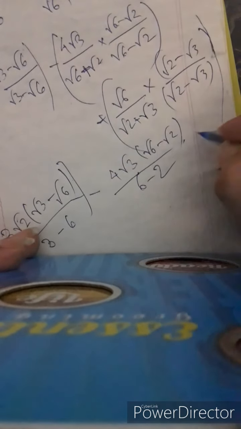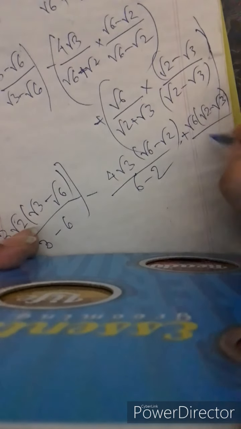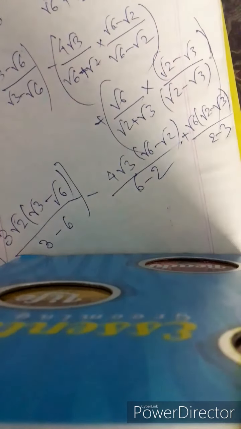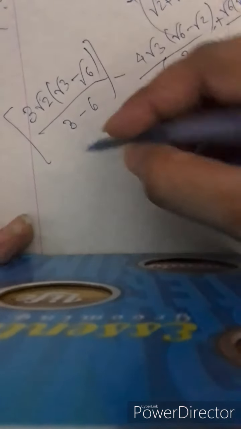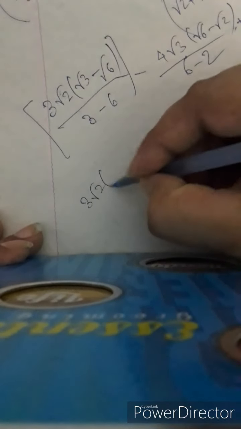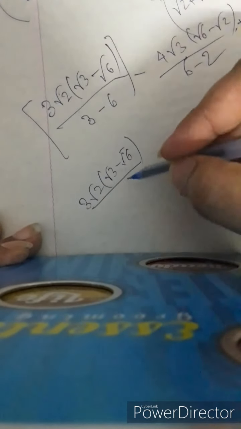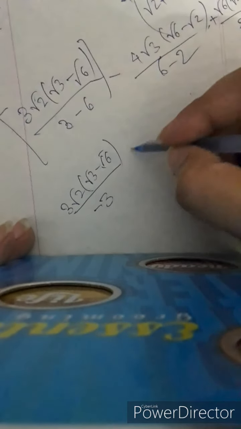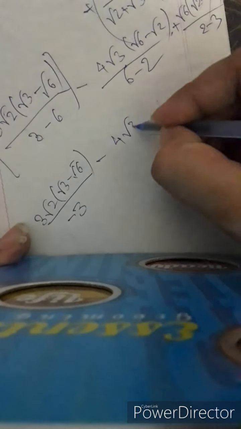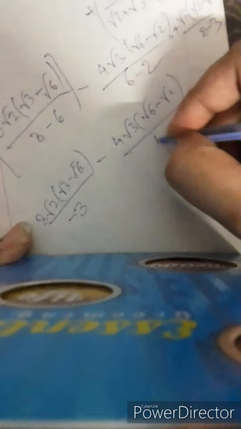Alright, and plus root 6 into root 2 minus root 3 divided by 2 minus 3. Alright, so it becomes 3 root 2 into root 3 minus root 6 by 3 minus 6 is minus 3, minus 4 root 3 into root 6 minus root 2, 6 minus 2 is 4.